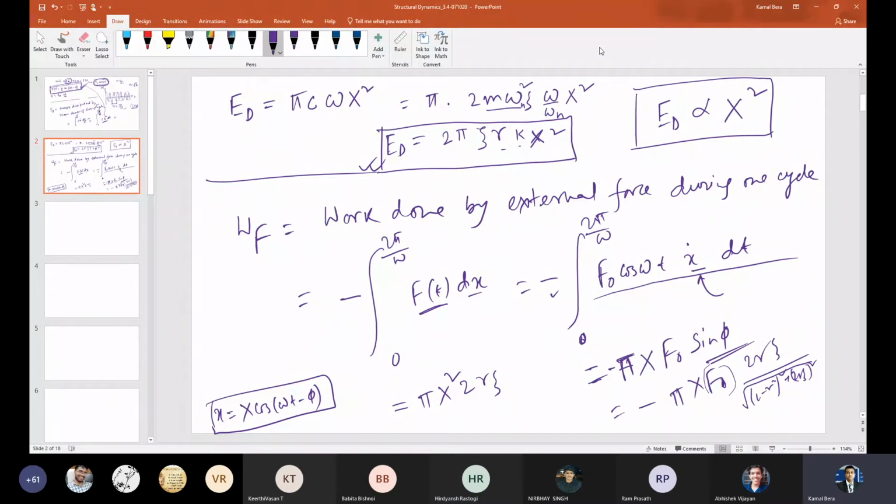Anybody else? So this pi X F naught sin phi is one term. One more term is coming with it. I'm converting it.